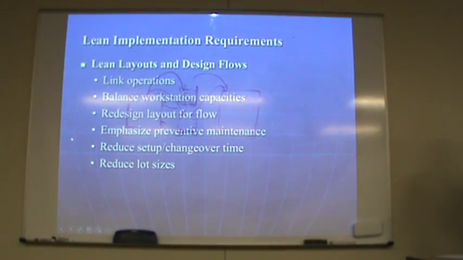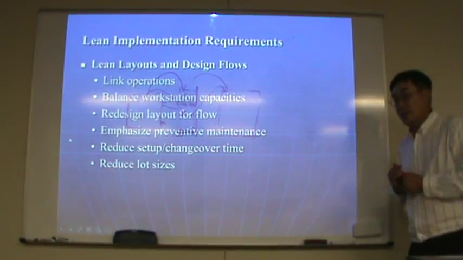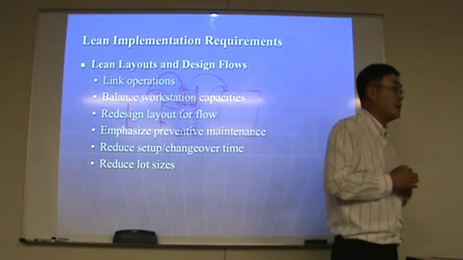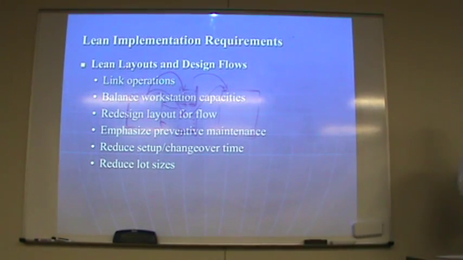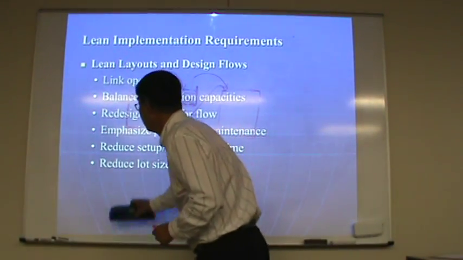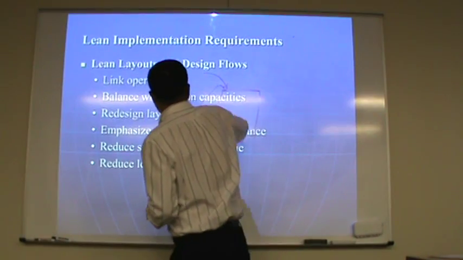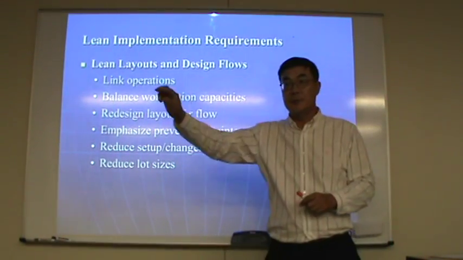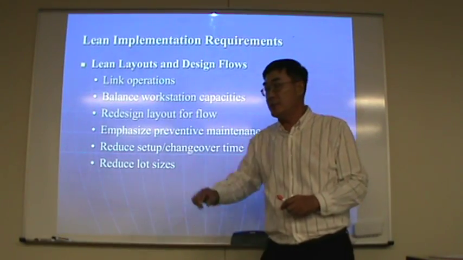Then implementation requirements. To use the JIT system, there are some requirements. Lean layout and design flow. Link operations, operation balance. Usually, the JIT system process is line type, linked to each other.